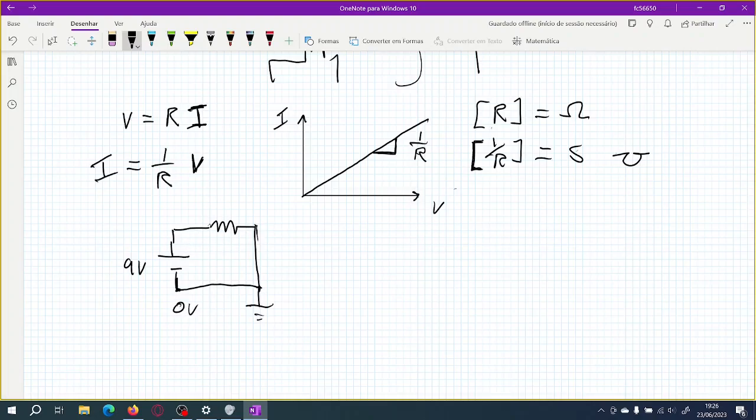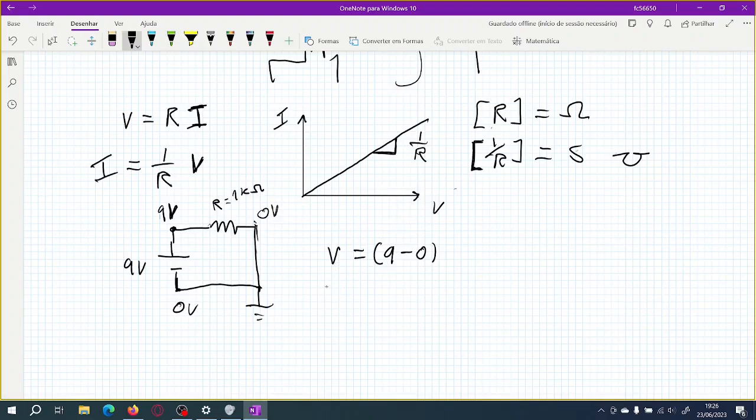And if you have watched the previous lesson, you know that at this point you will have 9 volts, right? So here is also ground, so here we have 0 volts. So the voltage across the resistor, V, will be 9 volts minus 0 volts. Let's say this is a 1 kilo ohm resistor.